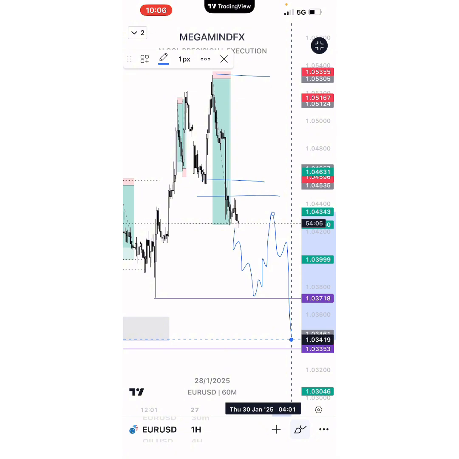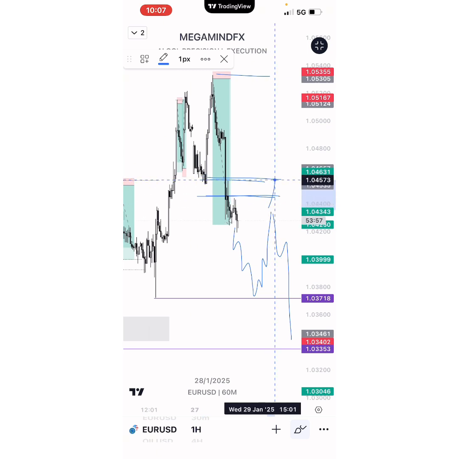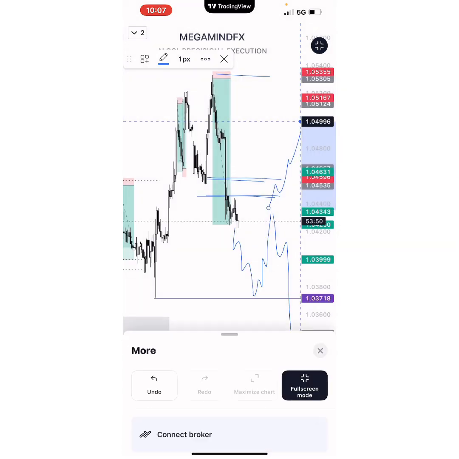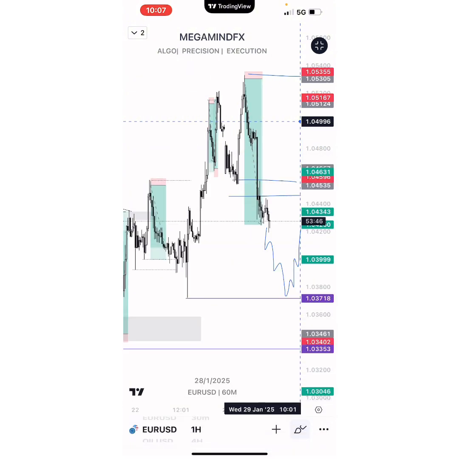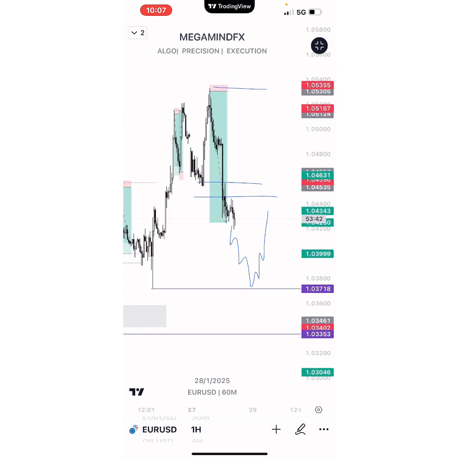So first target, to be on the safe side, should be these areas here, so that price can decide whether to buy continue or to sell continue. Whichever way, you just have to react to price. You don't have to predict it. You have to react to whatever price is giving you at the moment. So that's a way of being on the safe side.